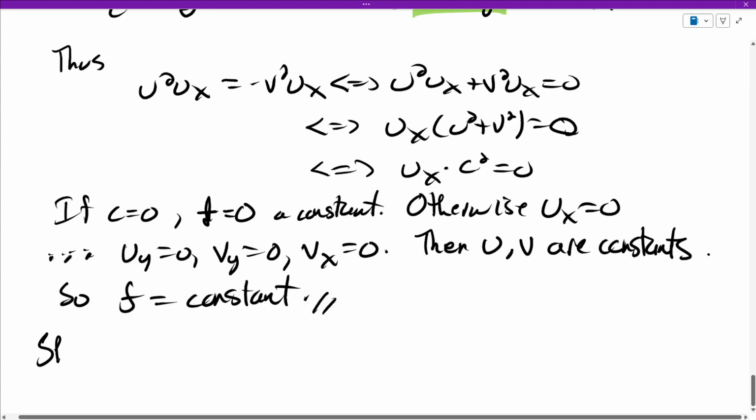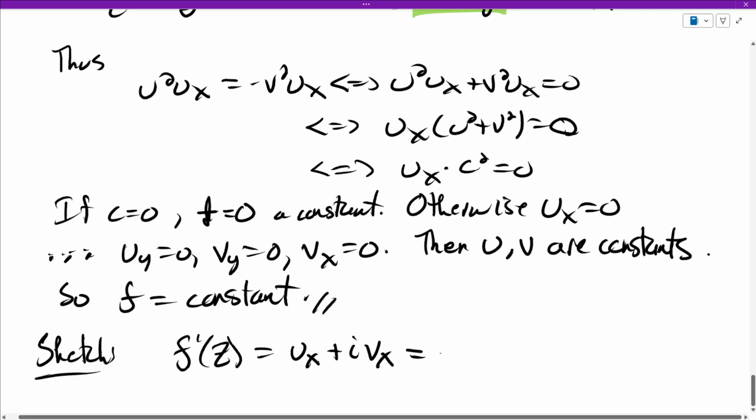For the second part, we computed f prime of z, and we showed it was two things. We showed it was ux plus i vx, and we also showed, since the Cauchy-Riemann equations hold, it was vy plus i negative uy.